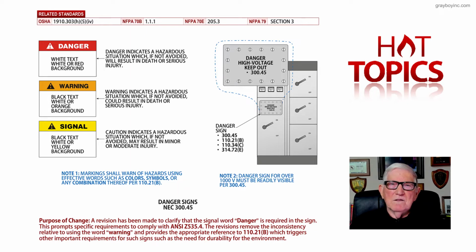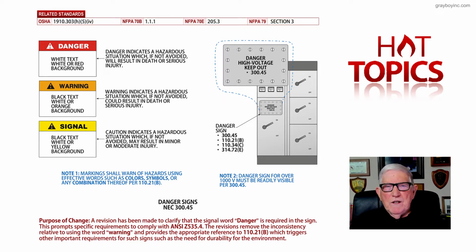Now notice, referencing the left of the illustration, we pick up danger in red. And Z535.4 states, danger indicates a hazardous situation which, if not avoided, will result in death or serious injury. And this would be kind of an imminent danger using red.